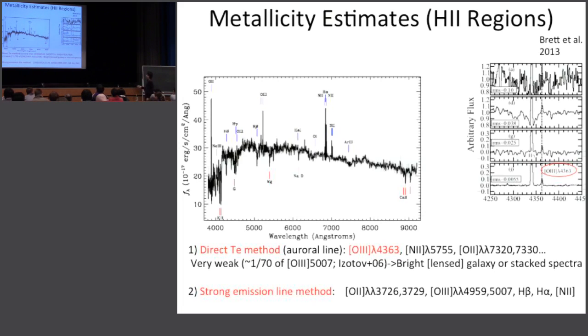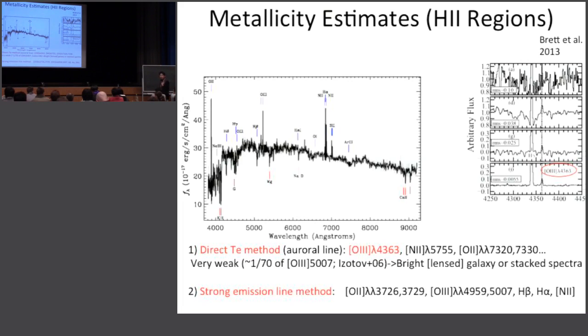One is the direct temperature method, which uses oxygen [O III] 4363 and nitrogen [N II] 5755 and so on, which are called the auroral lines. This is an example of [O III] 4363. It is very, very weak. Right next to it, there's the H gamma line.